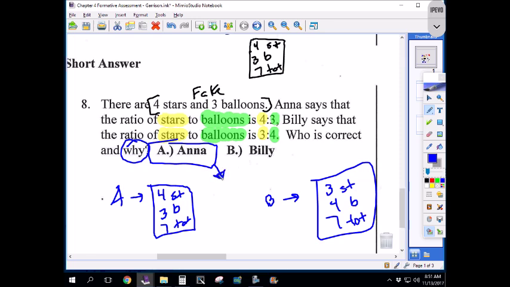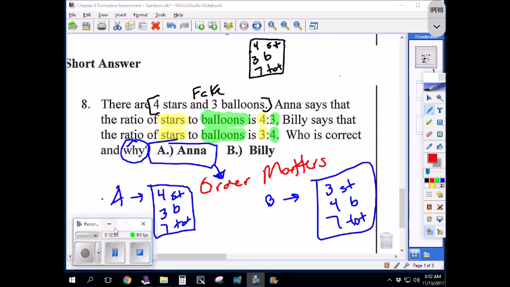What response am I perfectly okay with here as far as whether or not you can get it right? Order matters. Order matters. That's all I need. Now, if you went into a long paragraph of saying, well, Billy is saying that there are 4 stars and 3 balloons, whereas Anna is saying that there are 3 stars and 4 balloons, which is correct.